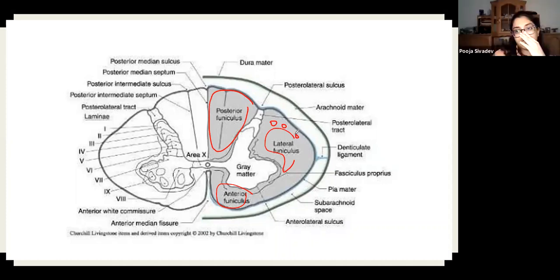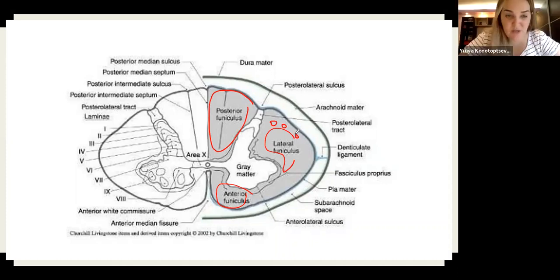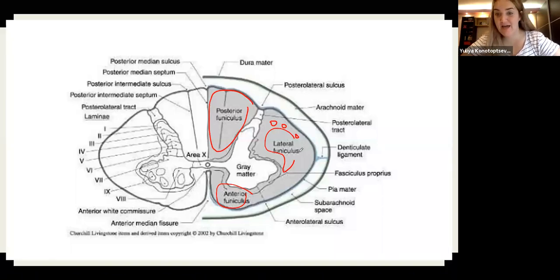Axon? It consists of axons, but what is another name for tract? Fasciculus. So funiculi consist of fasciculi. Mouthful. That's for the exam. Funiculi consist of tracts, the same thing.